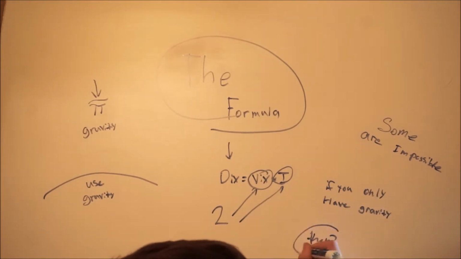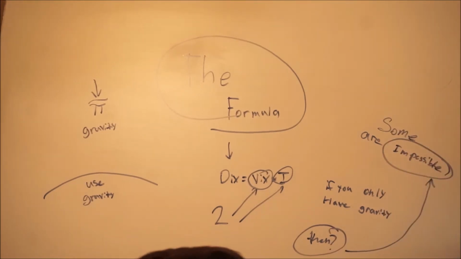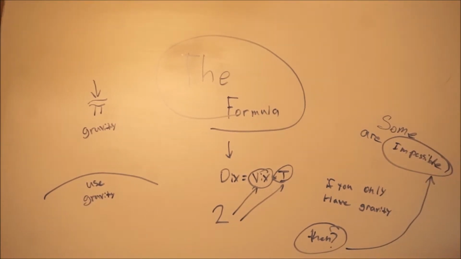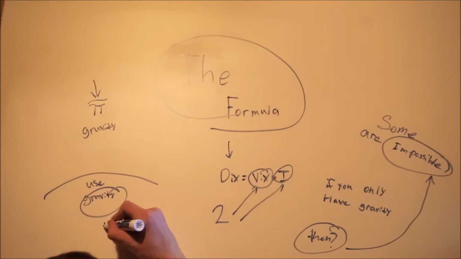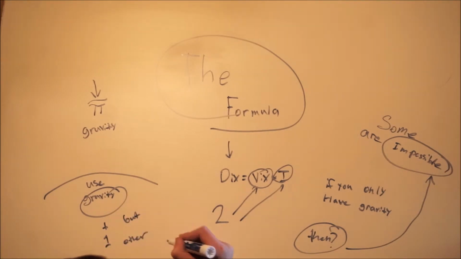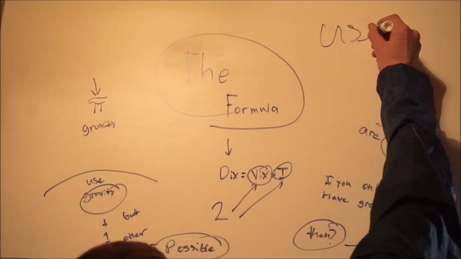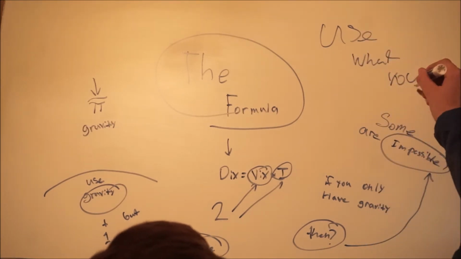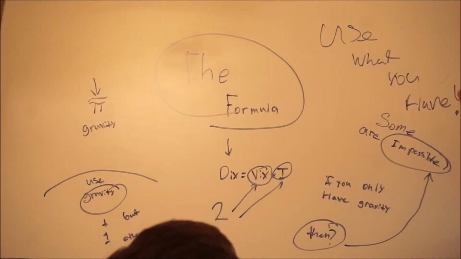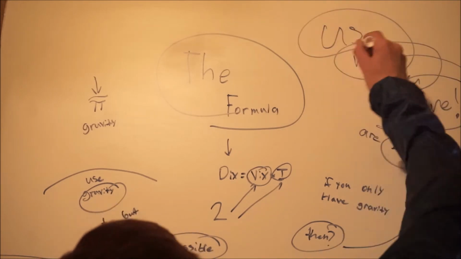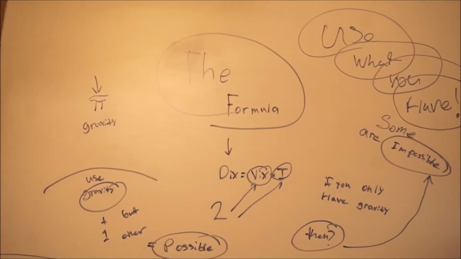That's basically impossible because there's no other information to solve for that equation. But if you have another plus gravity, that equals possible. And another helpful hint is use what you have. So basically, if you have two, just use that.